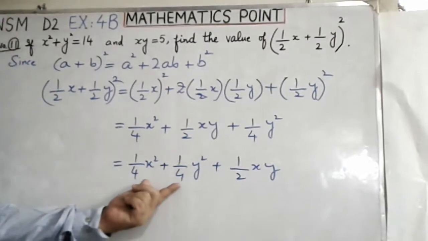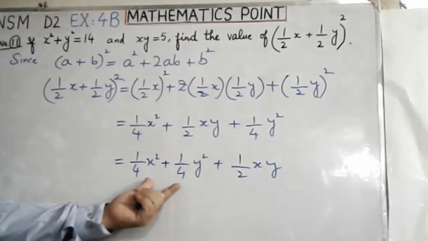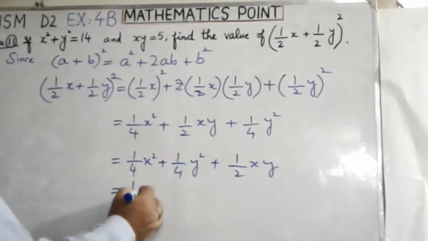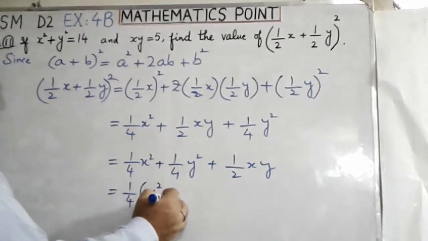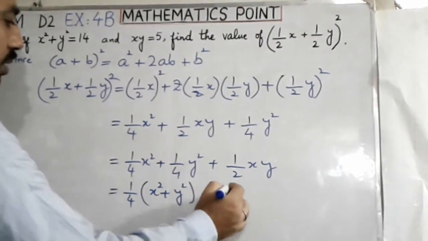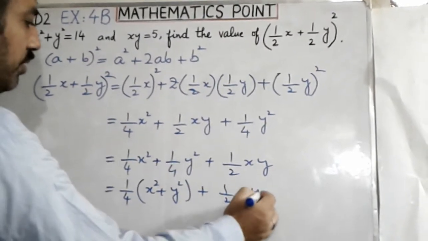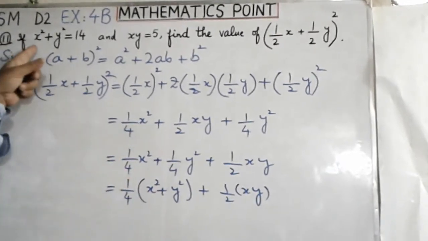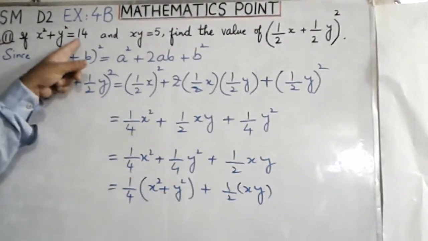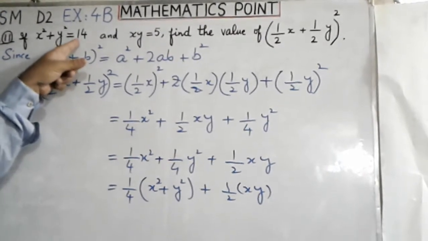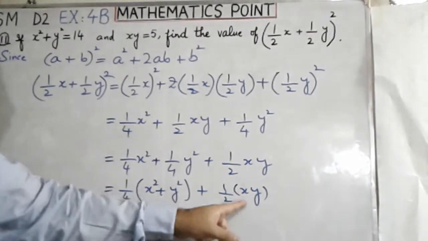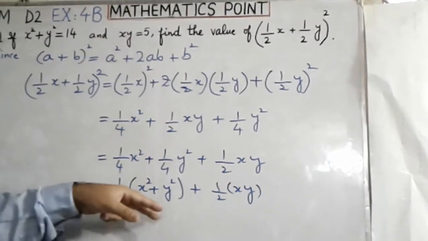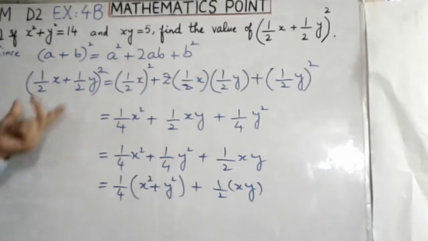Now taking the common in these two terms, you can take 1 by 4 common: 1 by 4 into x square plus y square, plus half into xy. Put the bracket here. Now see students, what is the value of x square plus y square? 14. And what is the value of xy in the question? 5. Now by putting these two values here, you can easily find the value of this expression.